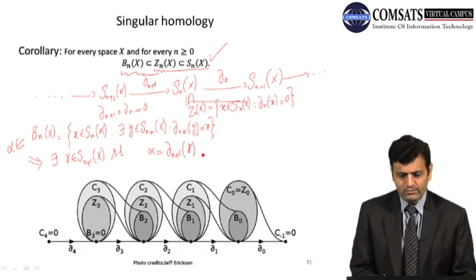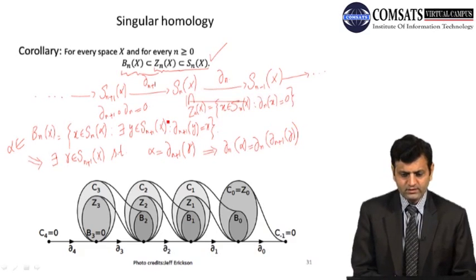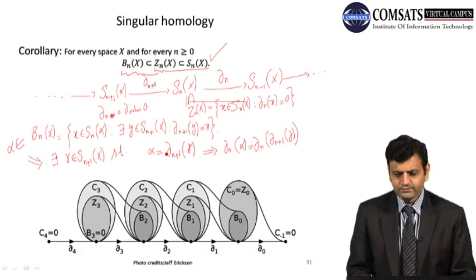Now applying partial n on both of these, partial n of alpha is equal to partial n composed with partial n+1 of gamma. Now we know that this composition is 0. So maybe we should write it down like this. We know that this composition is 0. This is a zero map, it will take every element to 0, so this is equal to 0.